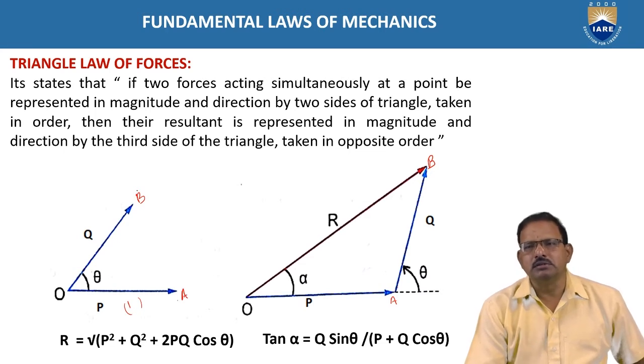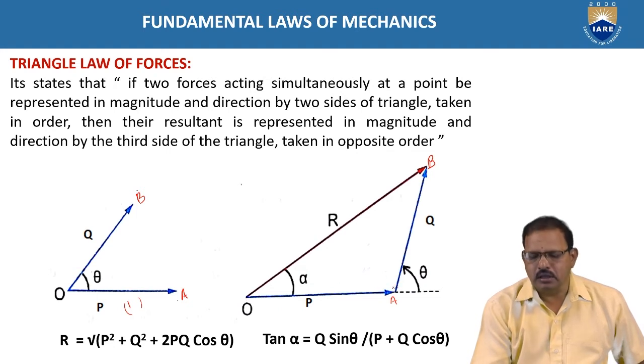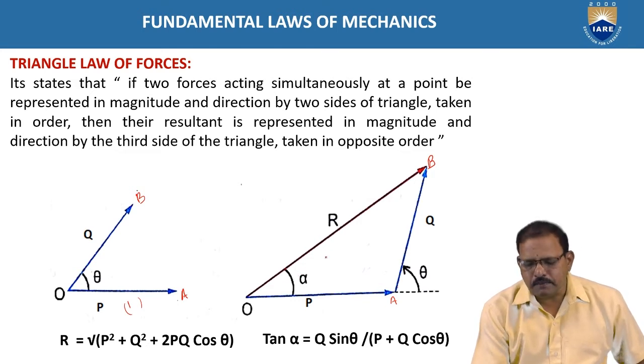The closing side, here OB, is representing the resultant of these two forces, but in opposite order. That means OA, AB, and BO make a triangle, but in opposite direction, meaning the forces are acting toward the point B now.